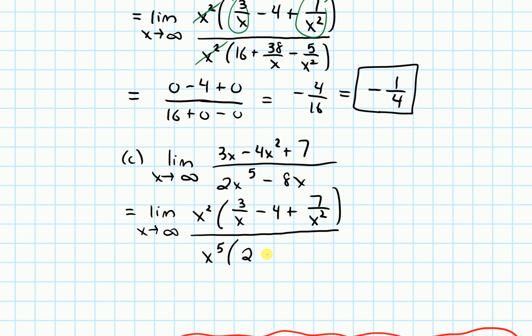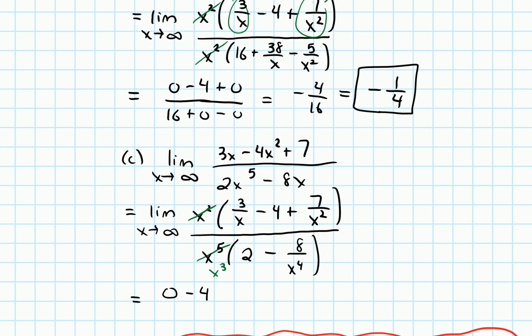From the next term, we'll have a minus 8, and we would need to put an x to the 4 in the denominator, so that when I distribute the x to the 5 back, we'd end up with just minus 8x. So I can cancel a little bit. I can cancel 2 of these x's with 2 of these x's, but be left with x cubed in the denominator. And now when I plug in to the numerator, 3 over infinity, that's going to be 0.